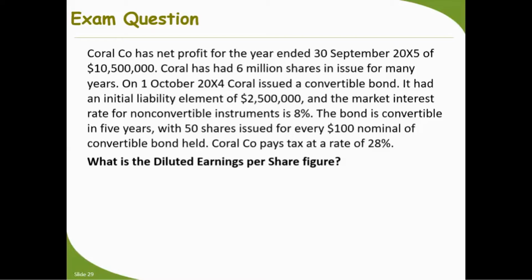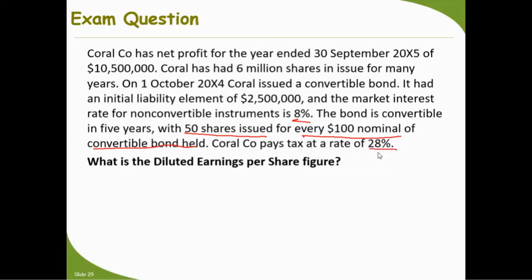It has an initial liability element of 2.5 million and the market interest rate for a non-convertible instrument is 8%. The bond is convertible in 5 years' time with 50 shares issued for every $100 nominal of convertible bond held. Coral paid tax at a rate of 28%. What is the diluted EPS?